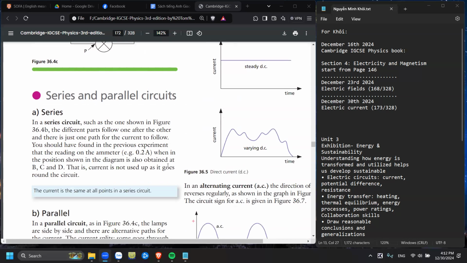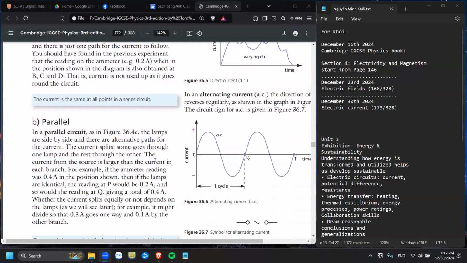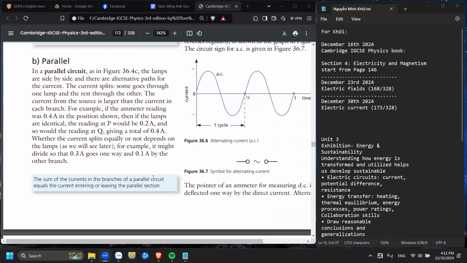Now, in a series circuit, the current is the same at all points. But in a parallel circuit, it has to be divided. So the sum of the different currents in the branches of a parallel circuit will be equal to the current entering or leaving the parallel section.